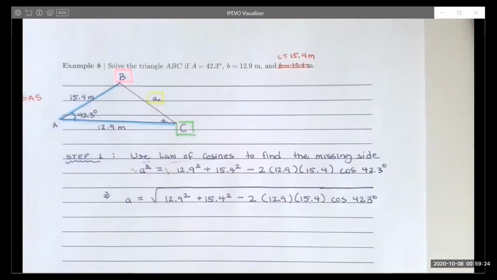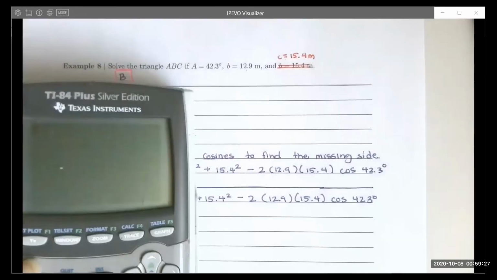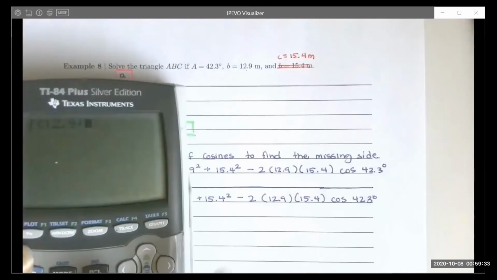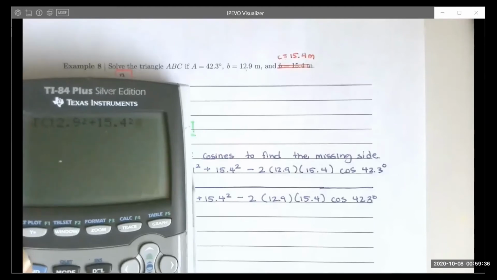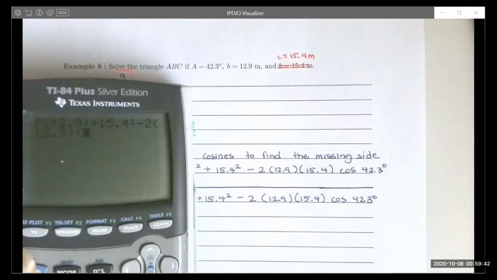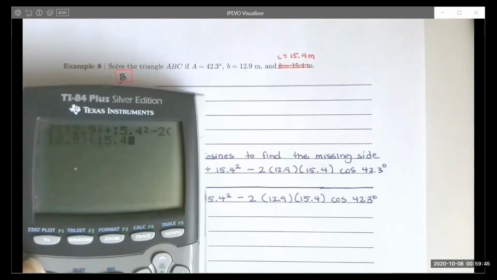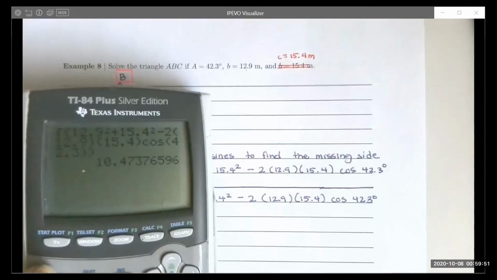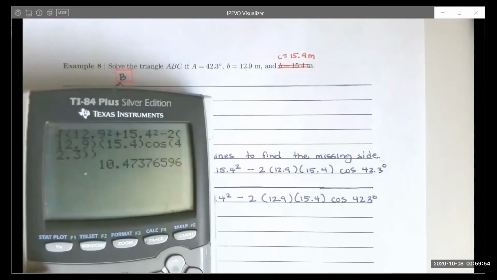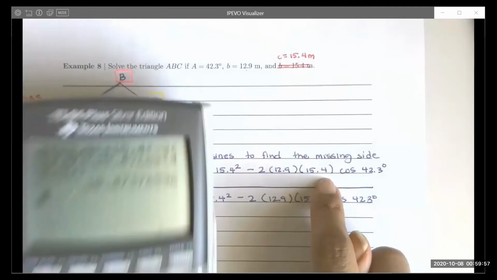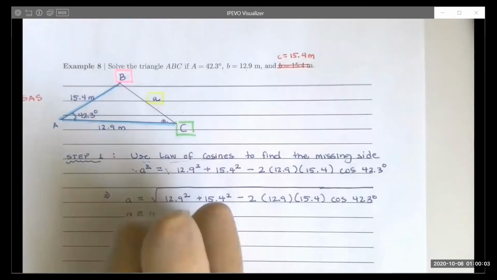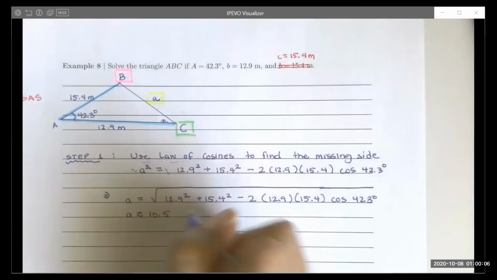If we punch it into the calculator, that gives us approximately 10.5, rounding to the nearest tenth because the lengths are given to the nearest tenths. So A is approximately 10.5 meters.